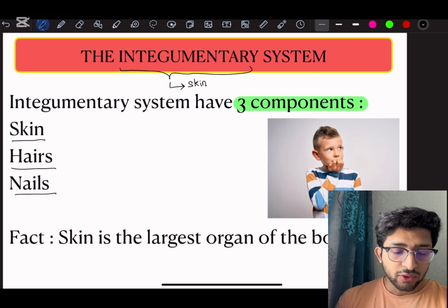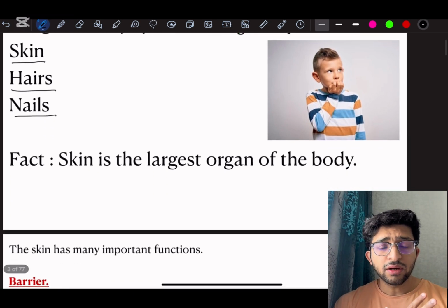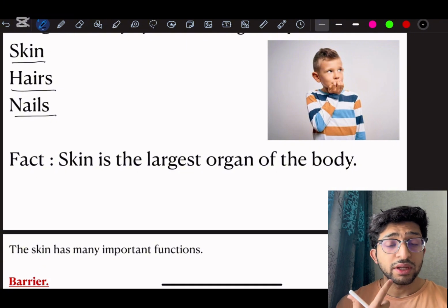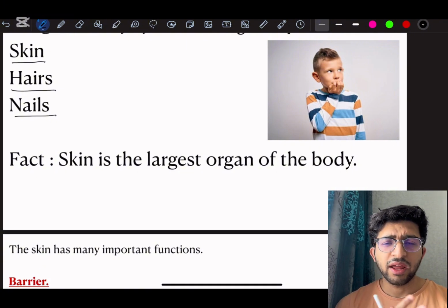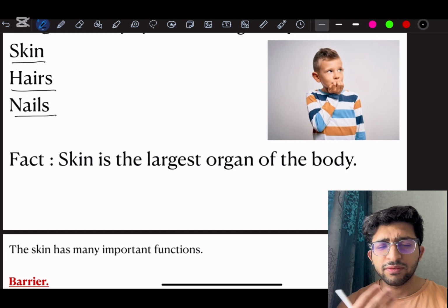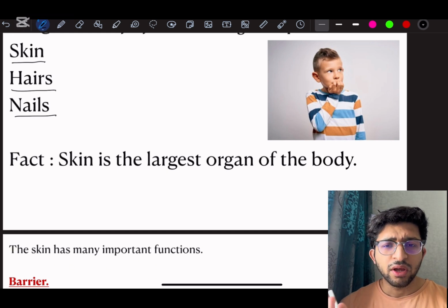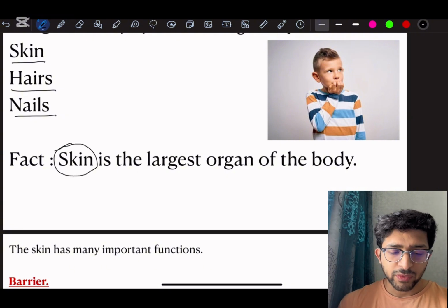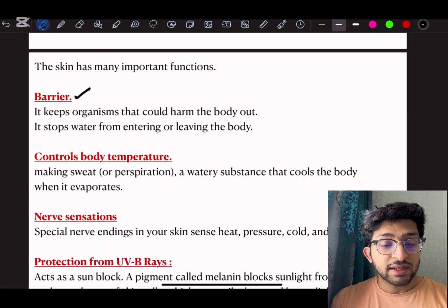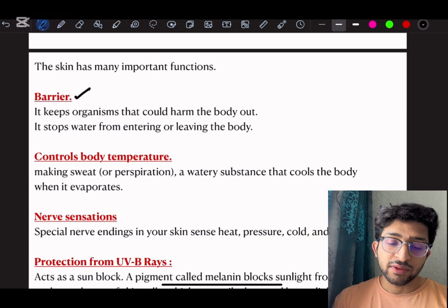We know that the heart is an organ, the liver is an organ, and so are the kidney, intestine, brain and the rest of the organs. One of the largest organs of our body is the skin. Don't forget that.